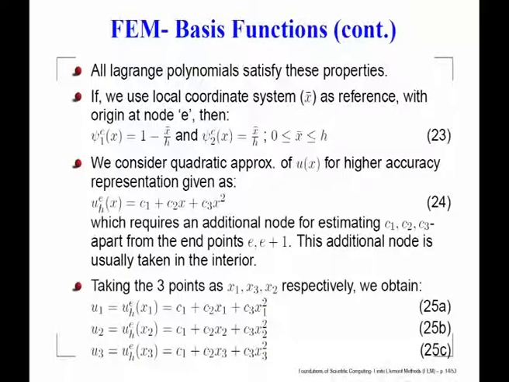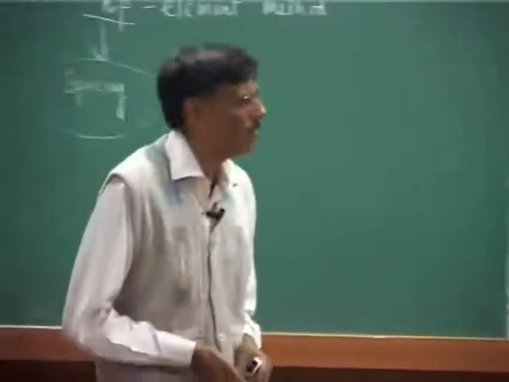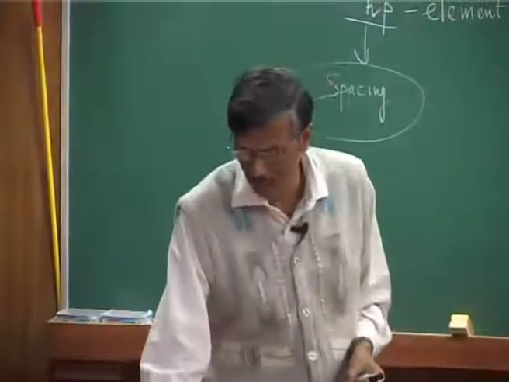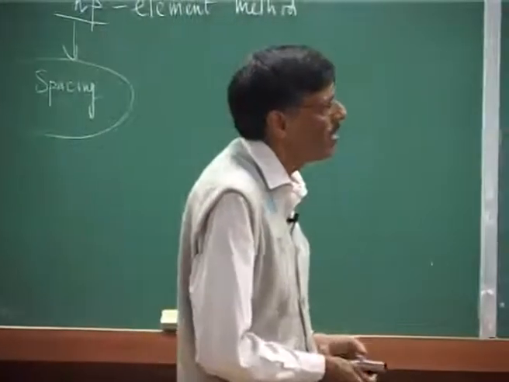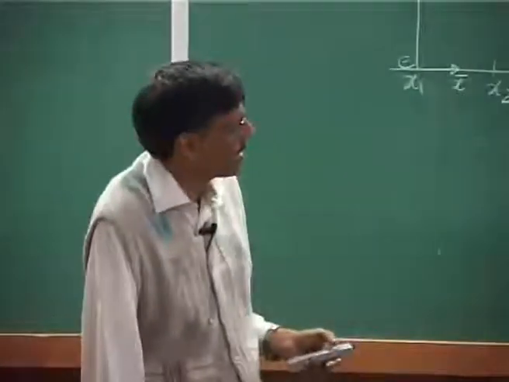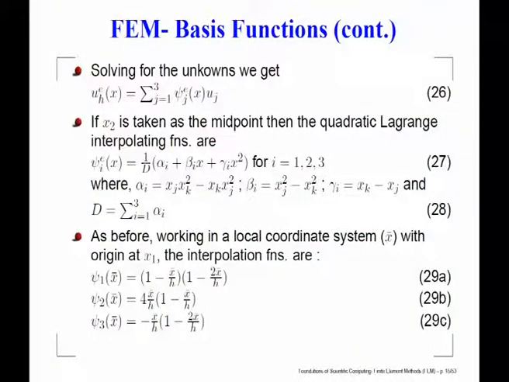u1 is evaluated at x1, u2 at the midpoint of the element, and u3 at the right end of the element. So, once again you can obtain the value of these 3 constants C1, C2, C3 and substitute it back, and what you would find is that the elemental representation is as given in this top equation 26.